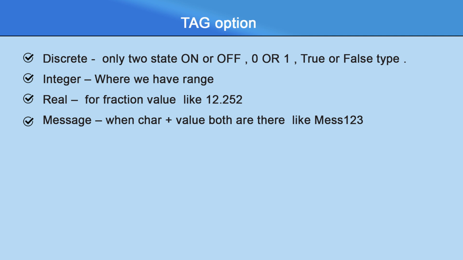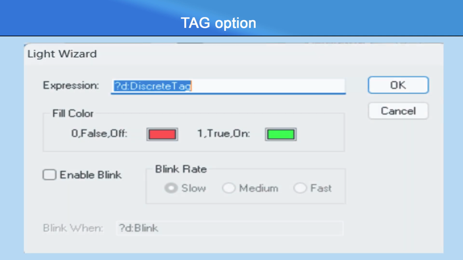Now, in our software we have used the memory discrete, because we are doing the program in the software, and when we are performing the practical operation, at that time we can use the input outputs.